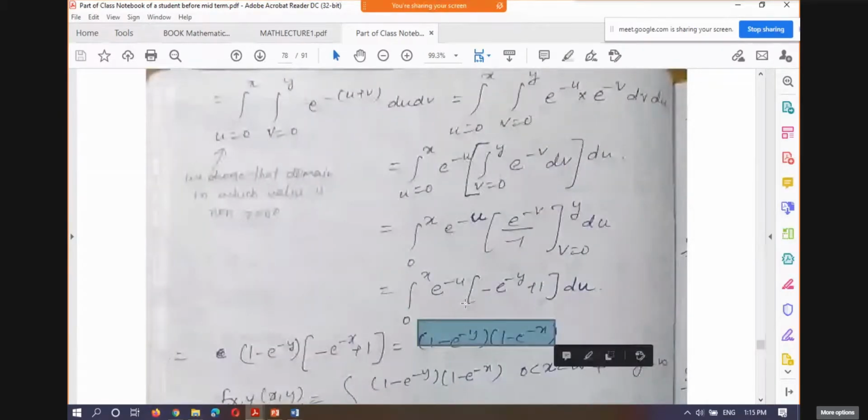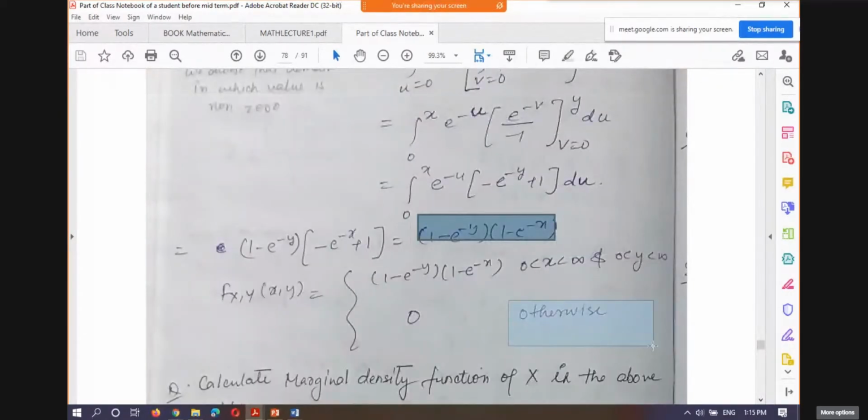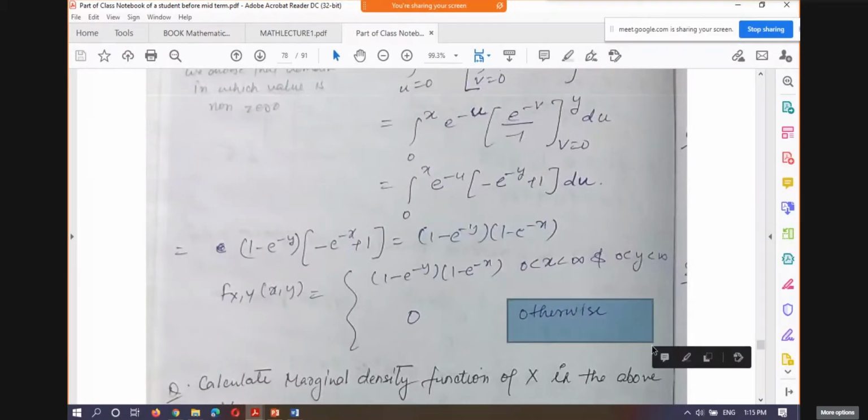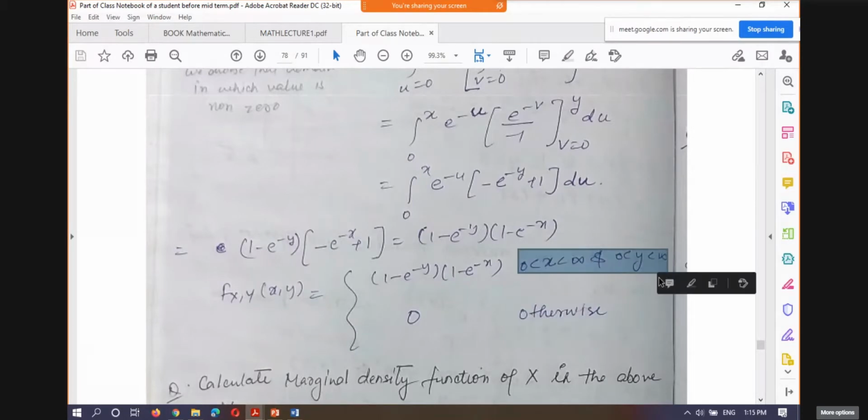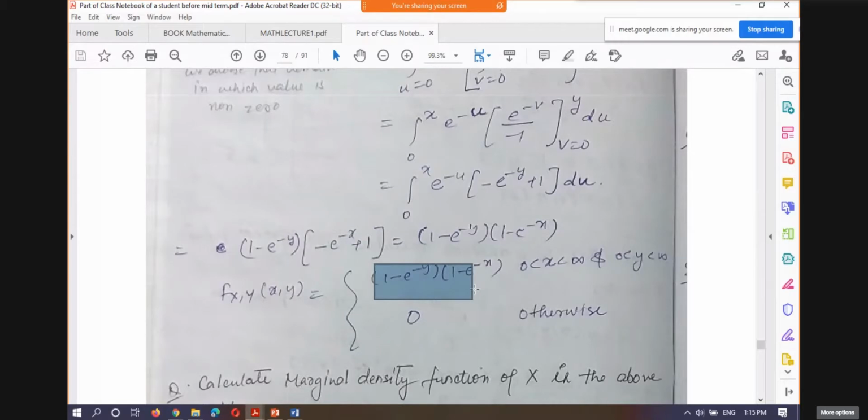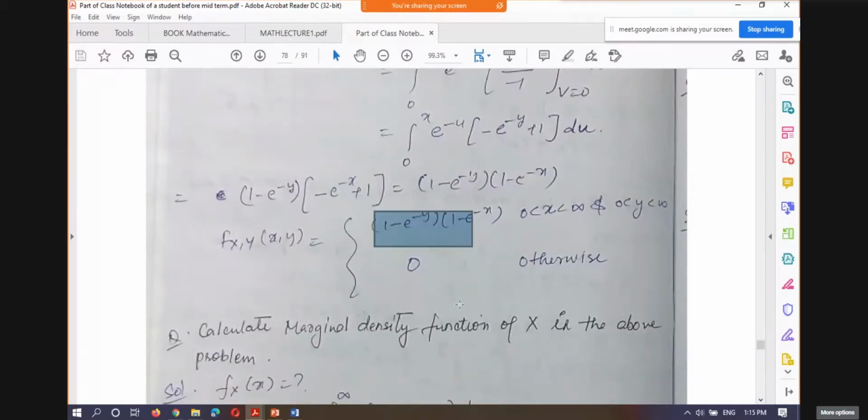So like the other domain you have written here as 0, when x is less than 0 or y is less than 0, and when both of them are greater than 0 and less than infinity, we have this as 1 minus e raised to power minus y.